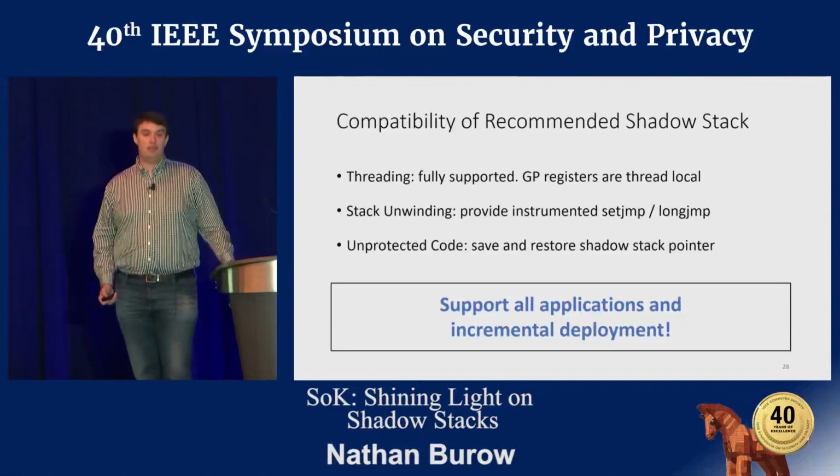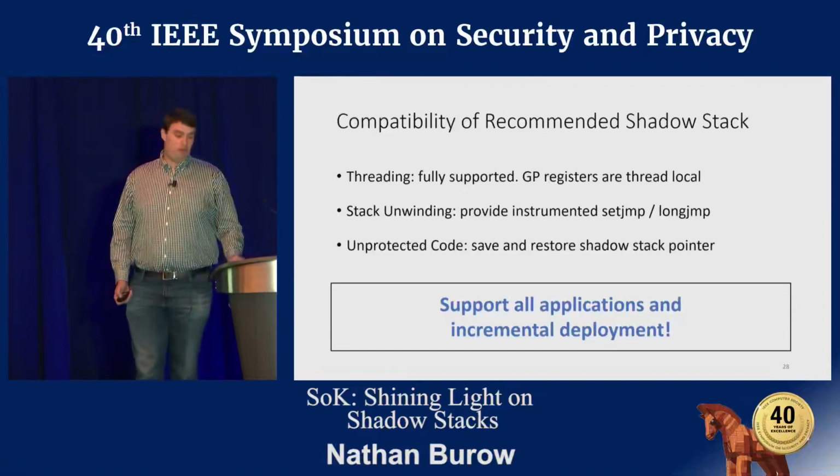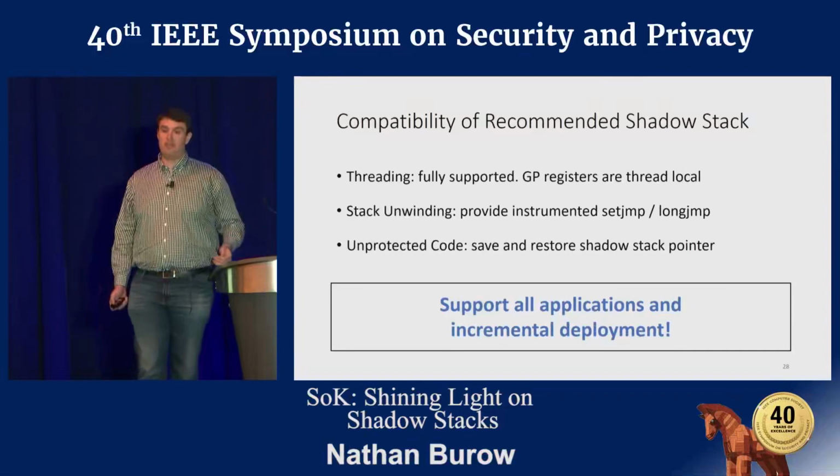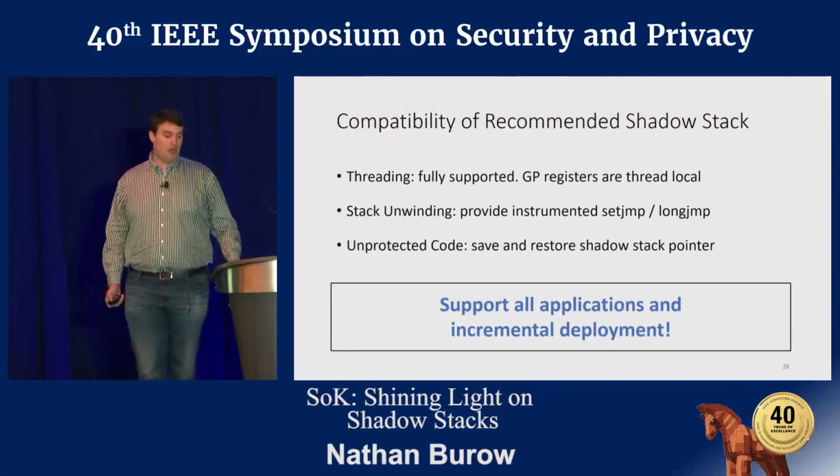The next issue is stack unwinding, which is mainly used for C++ exception handling, although there are some other uses. The interesting thing here is that calls and returns are no longer a one-to-one correspondence. When you have a leaf function that throws an exception, you might unwind multiple stack frames and thus have multiple calls that don't have a matching return, because we're directly going further up the stack until the exception is handled.